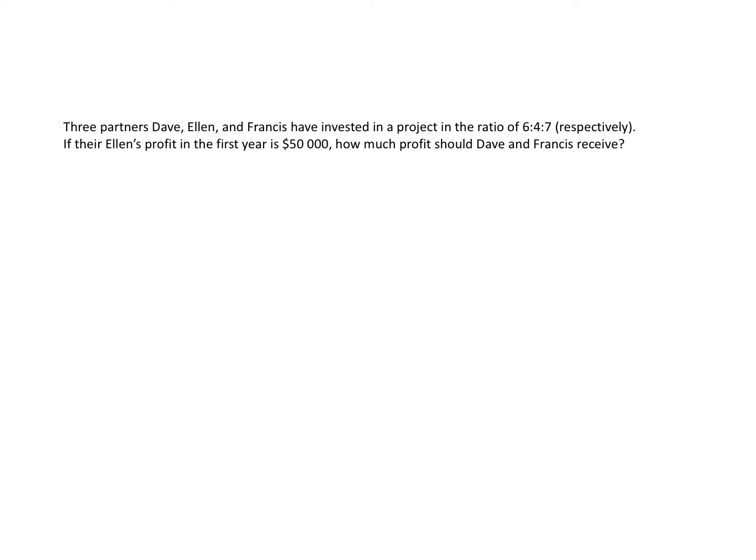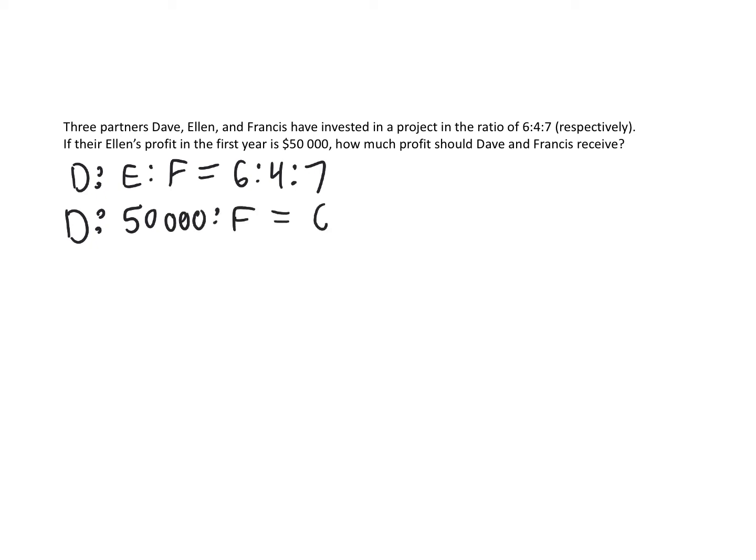Now here we have a word problem. We have Dave, Ellen, and Francis, and they're in a ratio of 6 to 4 to 7. Now, we know Ellen's is $50,000, so we know Dave to Ellen to Francis is 6 to 4 to 7.